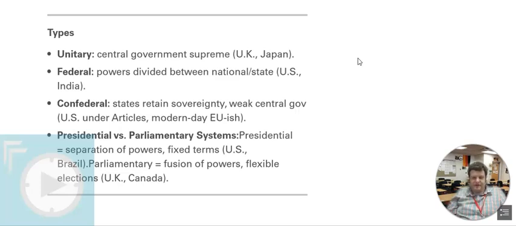Each of the tribes handled their own business, but when they needed to come together and make a decision or deal with something, that's when the central part of the Iroquois Confederacy came together. There's also another divide between presidential and parliamentary systems.